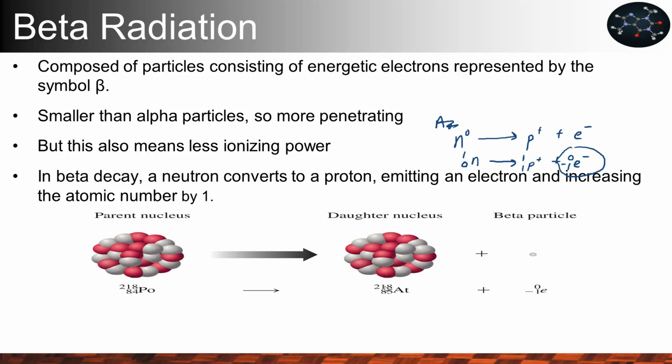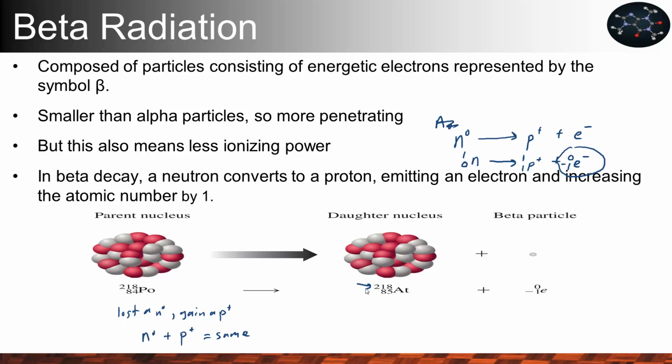When a neutron goes to a proton, it still has the same atomic mass number effect, right? Because we might have lost a neutron, but we've gained a proton. So the total of neutrons plus protons is the same.